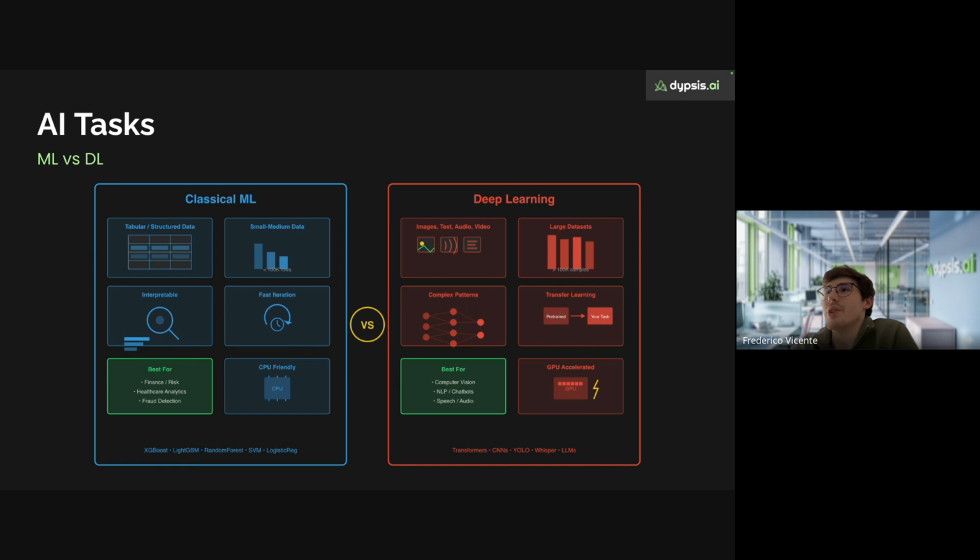Also, whether data is more structured in a tabular way, or you want results to be interpretable, because deep learning is normally considered a black box. You can mimic some kind of explainability, but in the end, it's really hard to know what happens behind the hood.